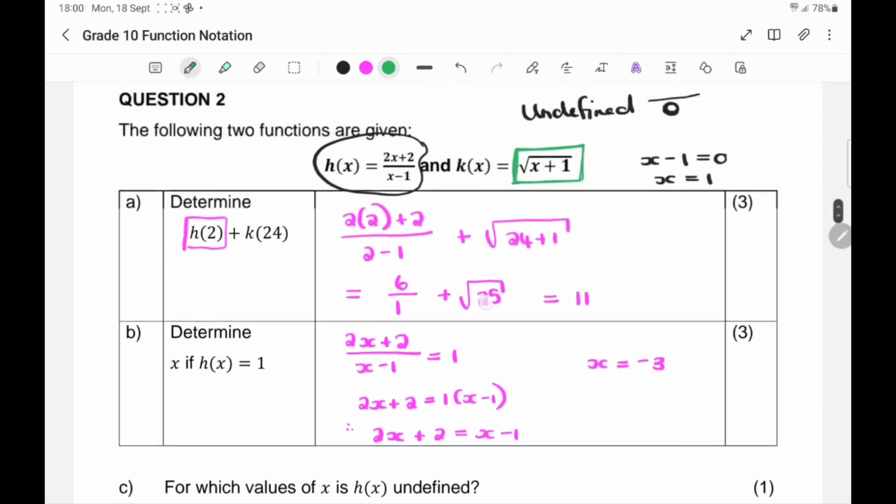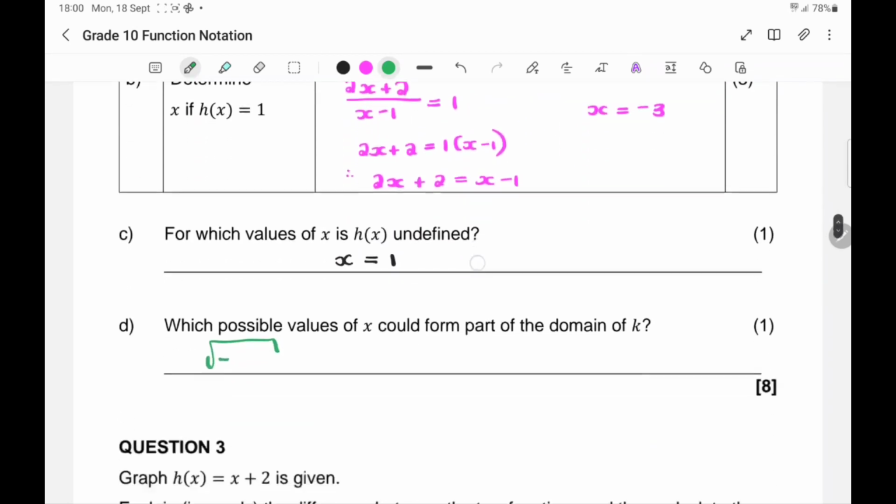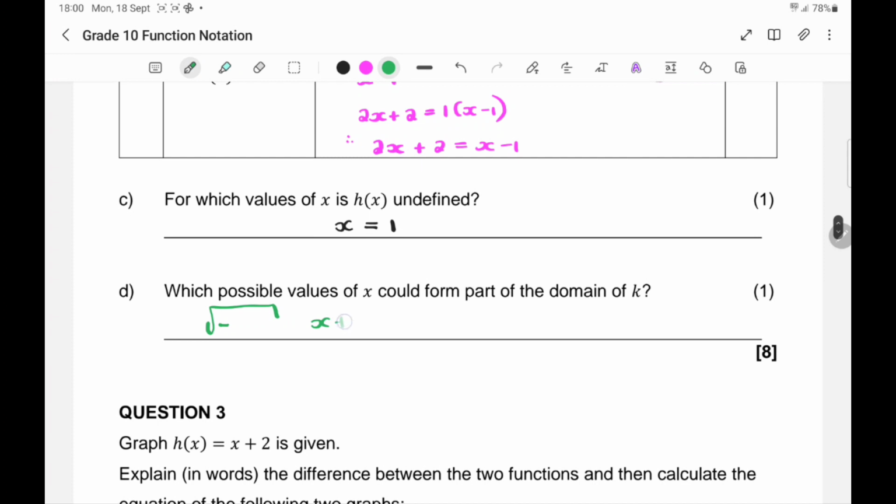Okay, so how does this x plus 1 become a negative? So x plus 1, how does it become a negative? So can you see if you throw it over, x plus 1, if you equal it to 0, you will see that x is equal to negative 1.